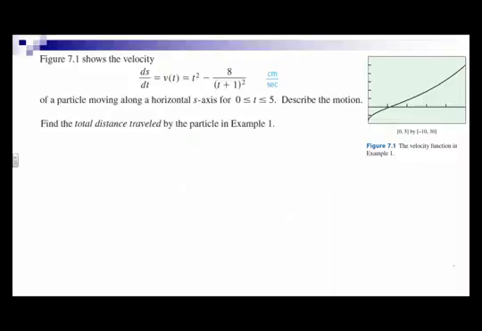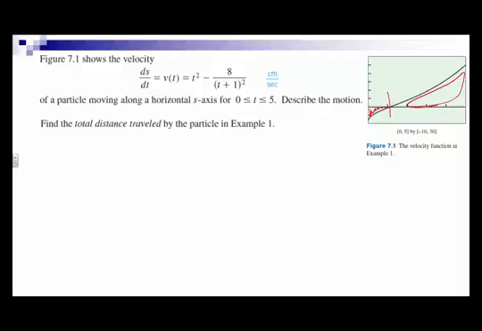Now, total distance traveled is a little bit different. Total distance traveled doesn't involve just a straight integral, but because we know that during this portion of the curve we're going to be getting movement in the negative direction, or our net change is negative. During this section, we're going to get positive direction.